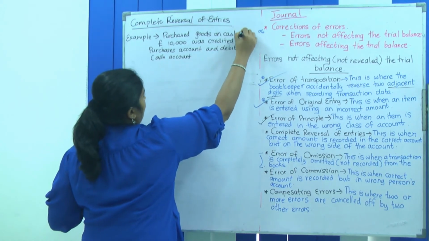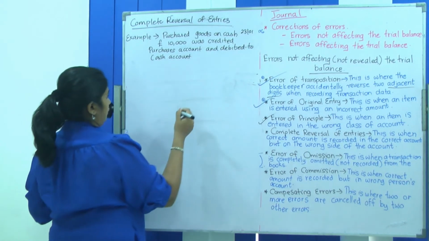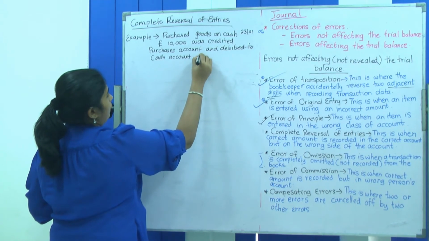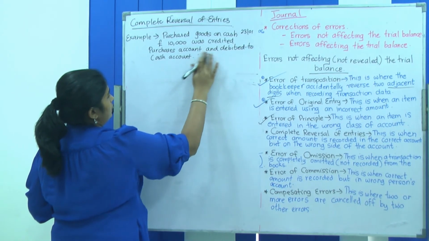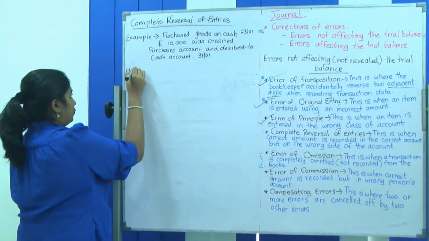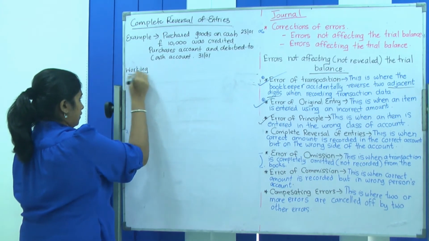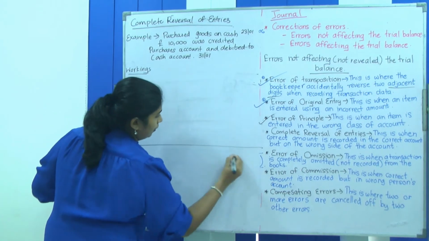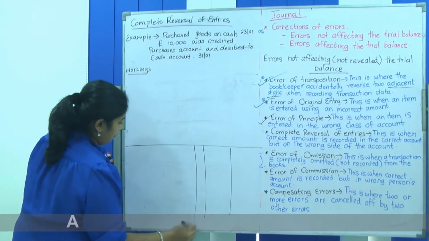Purchased on 23rd of January, and the error was found on 31st January. So I'll show you how to do the workings and how to record them in the journal.